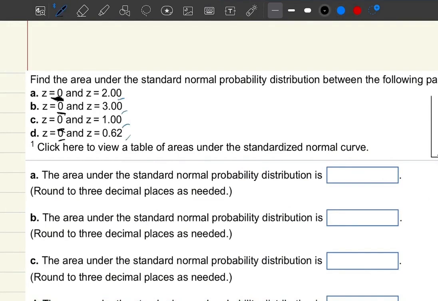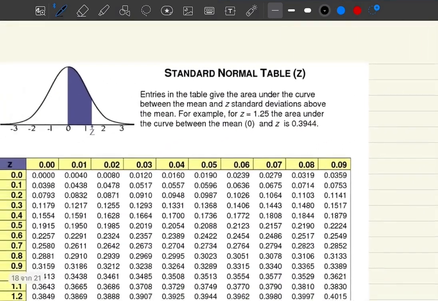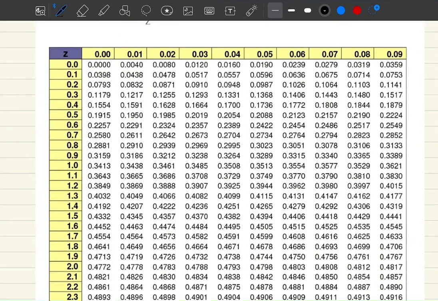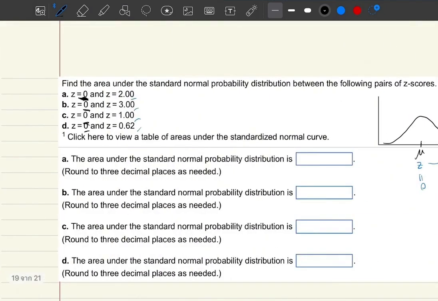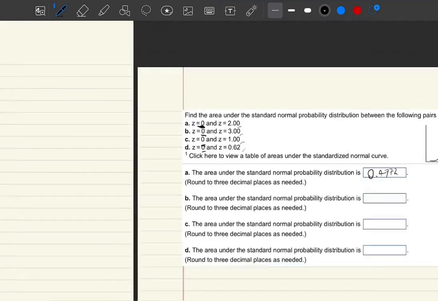2. We're gonna use this table. When z-score is equal to 2, it's gonna be over here, 2.00, which is over here. So the answer of the first one is 0.4772. The next one is 3.